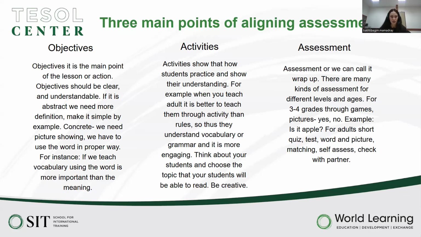Be more concrete. We need pictures showing. We have to use words in a proper way. For instance, if we teach vocabulary, using the words is more important than the meaning. So students should be able to use the words.